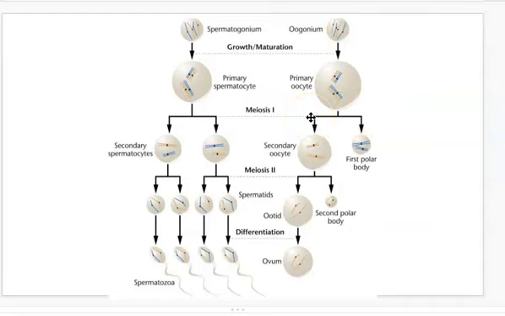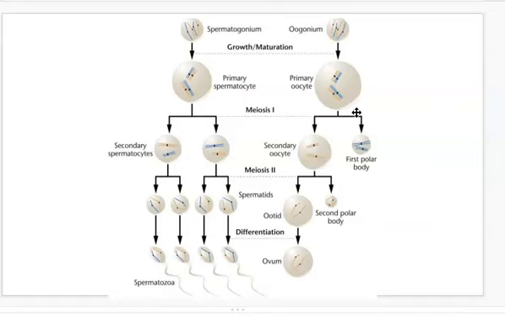So what females are born with are primary oocytes that have started meiosis 1 but stopped there. When a little baby girl is born, whatever's in her ovaries are primary oocytes that have just started meiosis 1 but not completed it.